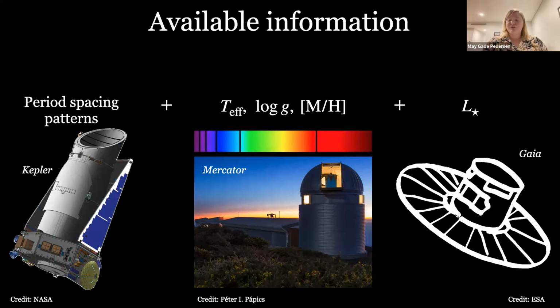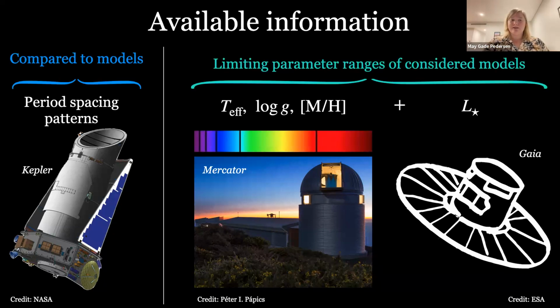Now, each one of these observables we've used in different ways. So the period spacing patterns are the values that we're actually comparing to the models, whereas the other parameters we're using to limit the range in models that we are considering for the asteroseismic modeling themselves. So they're not part of our merit function to determine the best matching model, but are used to limit the range of relevant models for the modeling itself.